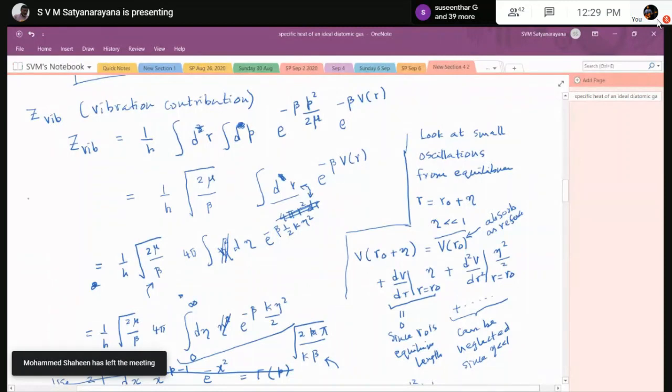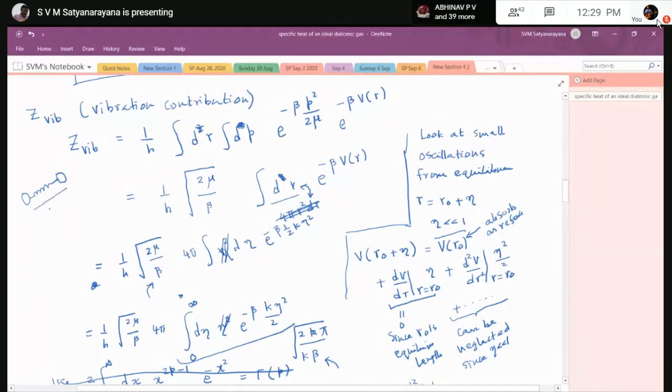Okay, so what we are saying is that you have this spring, and the equilibrium length of the spring is some r naught, and when you apply some heat at some temperature T, then this r naught will change to r naught plus something.